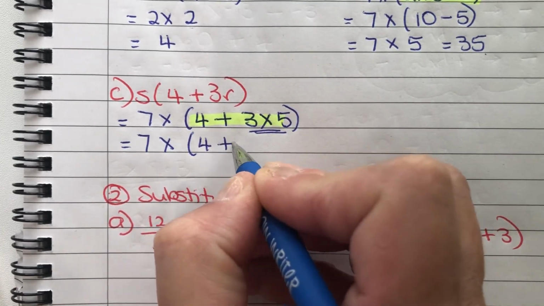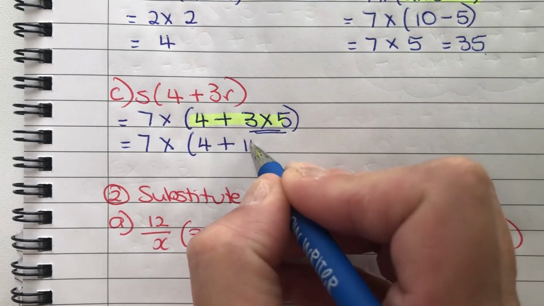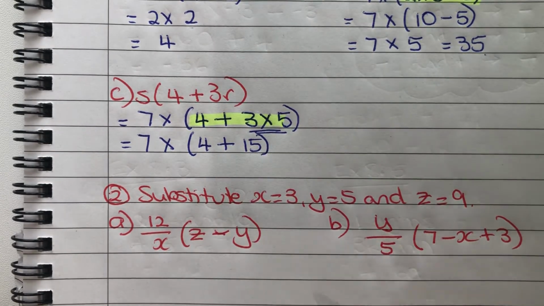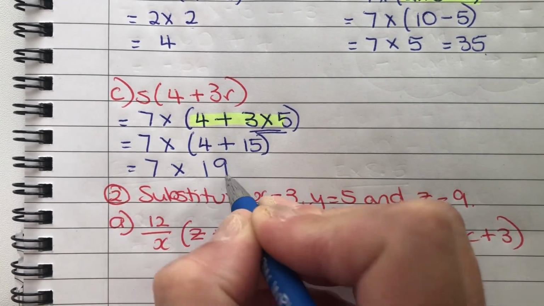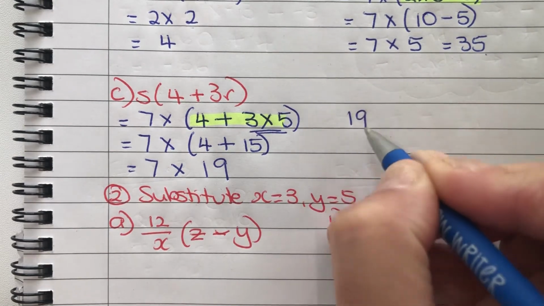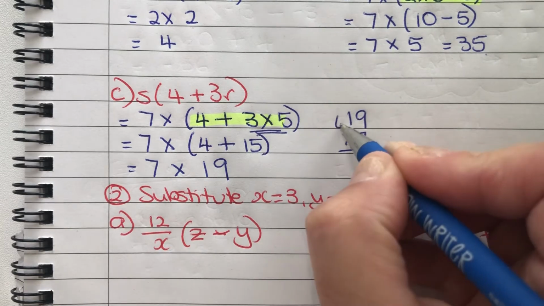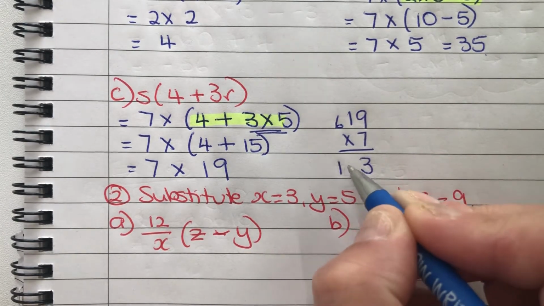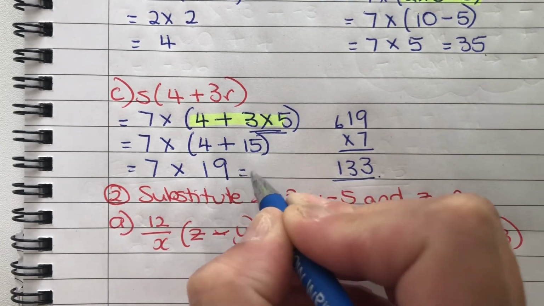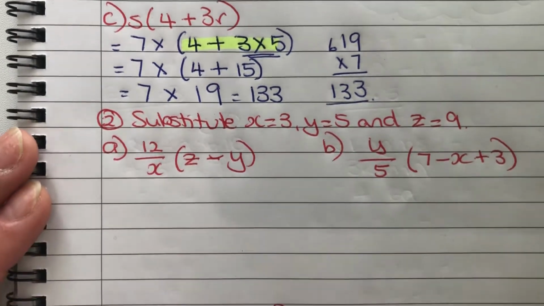So it's going to be 4 plus 3 times 5 is 15. Now we've got 7 times 19. And let's go 19 times 7. 7 9s are 63. 7 1s are 7 plus 6 is 13. So unless I've made an error there, hopefully I haven't, 19 times 7 is 133.